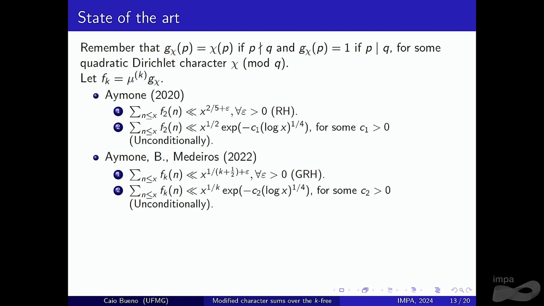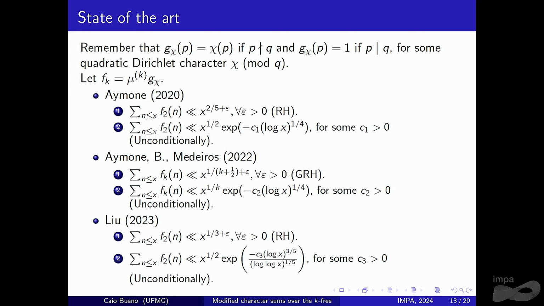We proved that for the k-free integers, this cancellation is x to the power 1 over k plus 1/2 plus epsilon, assuming the generalized Riemann hypothesis. And this is in agreement with the previous result in the case where k equals 2. And unconditionally, this has cancellation of x to the power 1 over k times the same exponential.